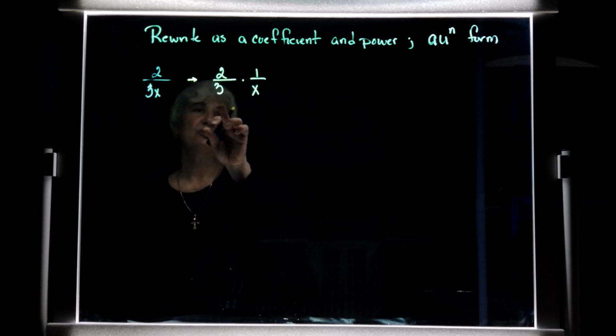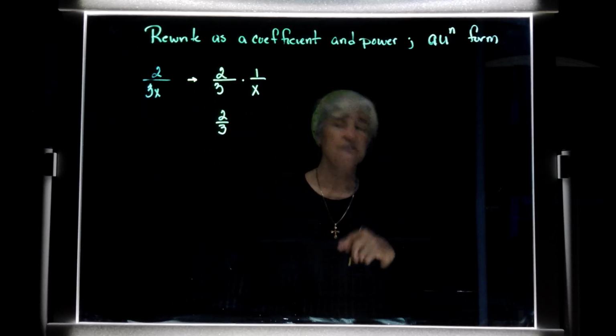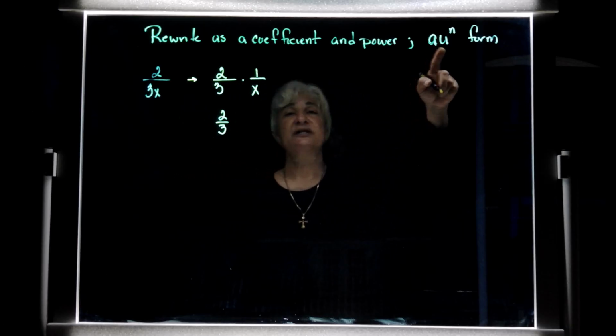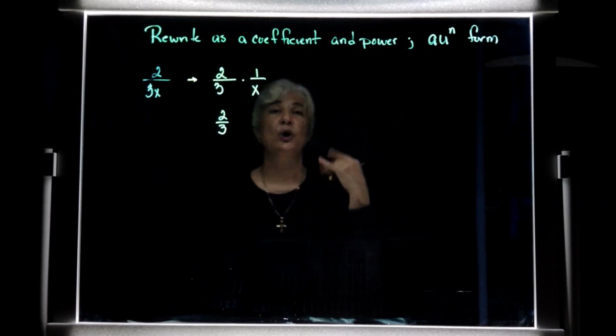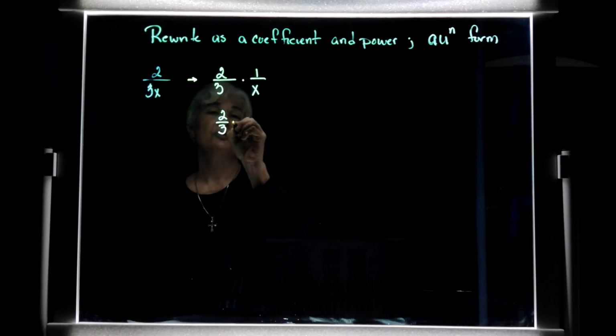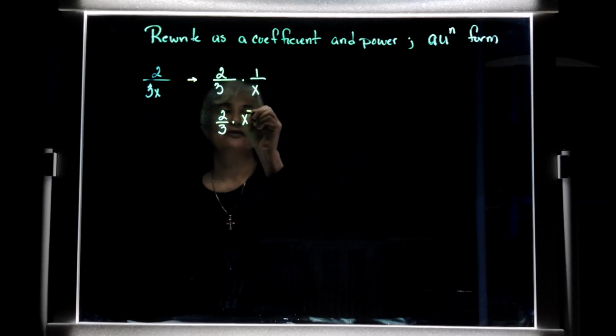Okay. So the 2 over 3 is just a coefficient. Now this x in the denominator, this form doesn't want it in the denominator. This form wants it up in the numerator, which means you are multiplying by x to the -1.